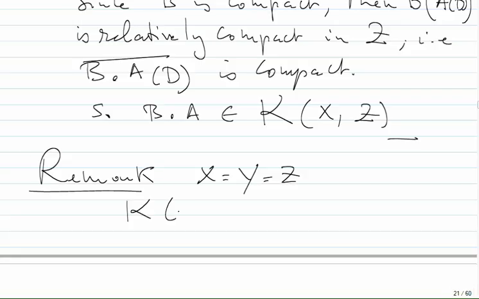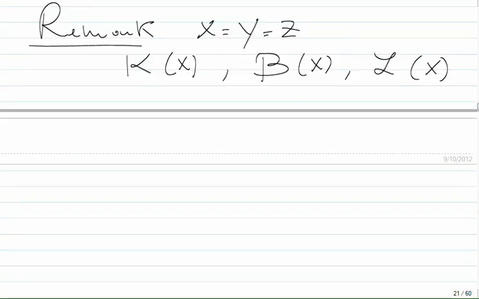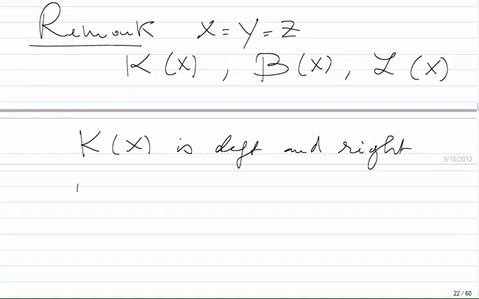We have K of X, B of X, and L of X. So we have linear operators from X into X, bounded linear operators from X into X, and compact operators from X into X. What it tells you is that, this is just from algebra, I'm borrowing this from algebra, that K of X is what we call an ideal, left and right, which is very interesting, in B of X. So in other words, if you multiply, being here the composition, any element from K of X with an element from B of X, it doesn't matter whether you multiply from the left or from the right, you stay in K of X, okay? Just a little bit of definition from algebra.